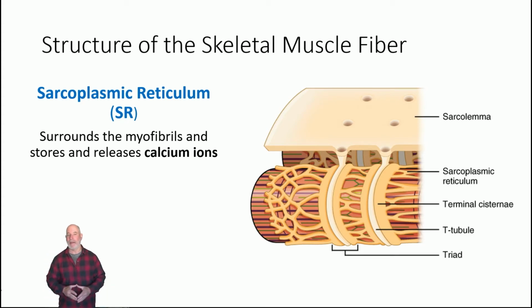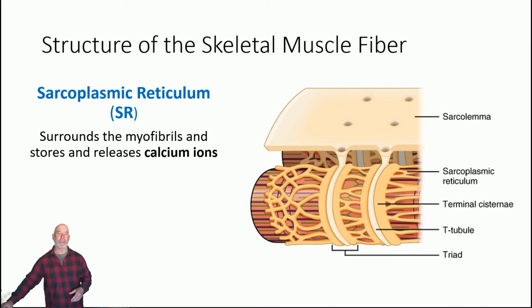And I'll get into that in my next lecture, the role of calcium in a muscle contraction. But the sarcoplasmic reticulum surrounds the myofibrils, okay? So it stores calcium, it releases calcium, and then it will pump the calcium out of the sarcoplasm back into the sarcoplasmic reticulum.